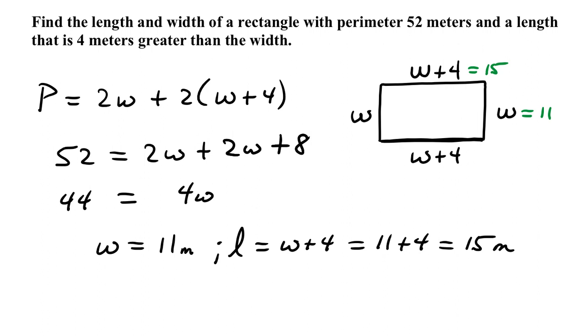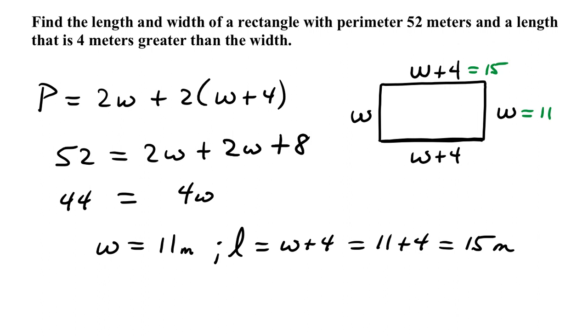Find the length and width of a rectangle with perimeter 52 meters and a length that's 4 meters greater than the width. Perimeter of a rectangle, you have to travel the width twice and the length twice to go all the way around.